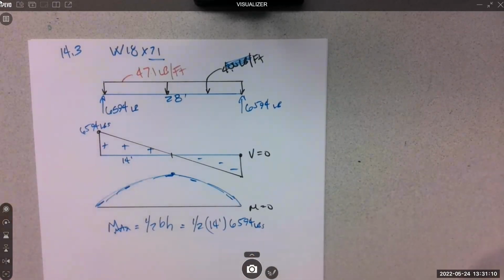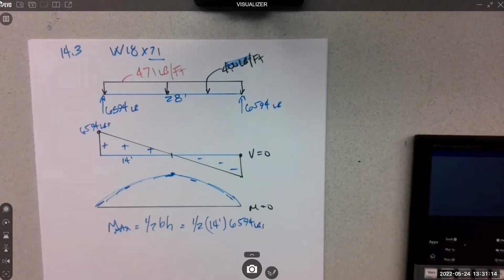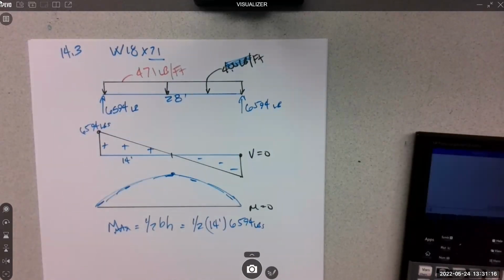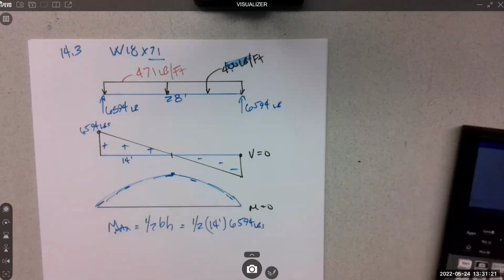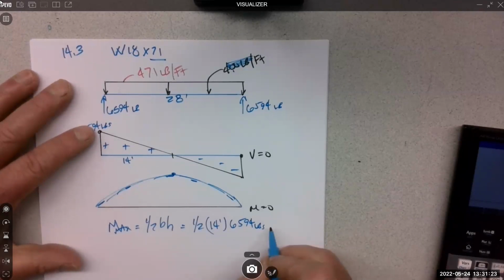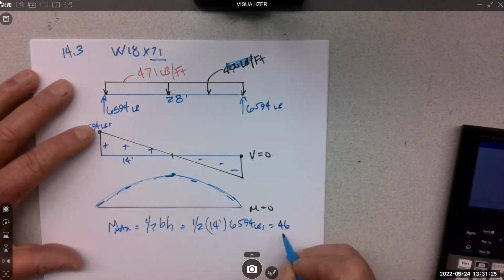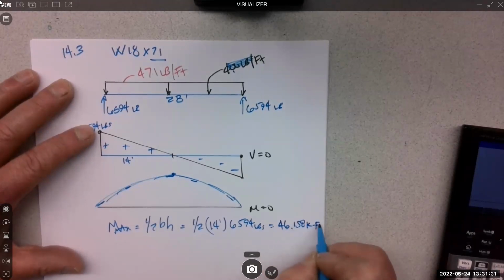Is that what you got, Nick? 6,594, 14 times 0.5 gives 46,158. I'm going to do 46.158 kip feet.